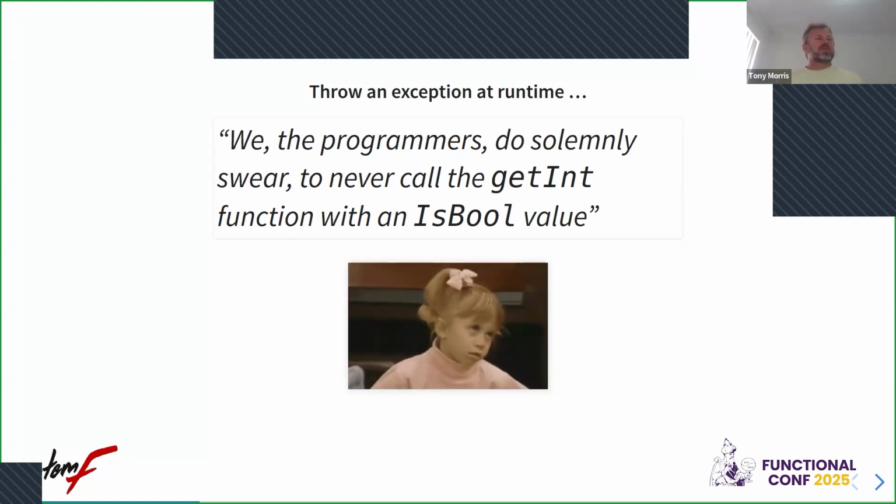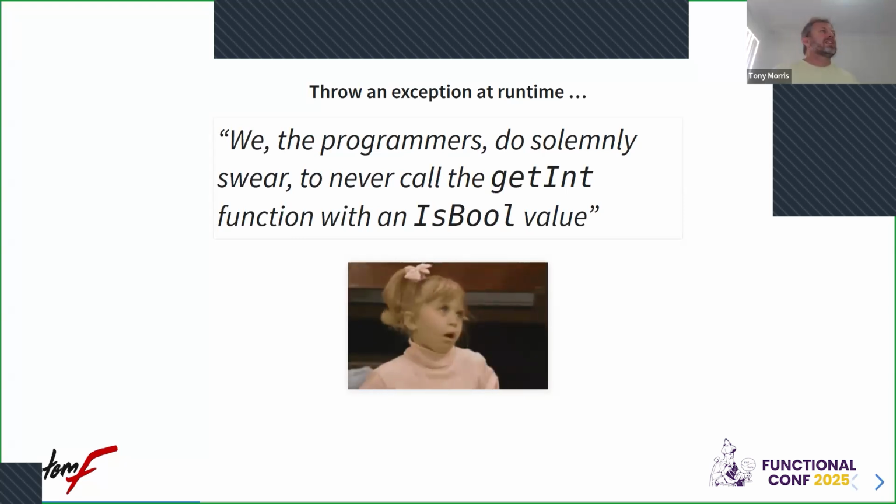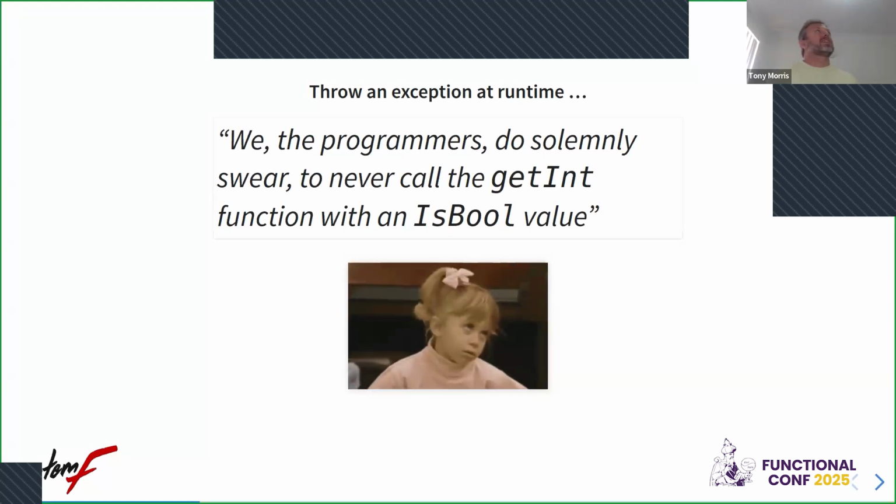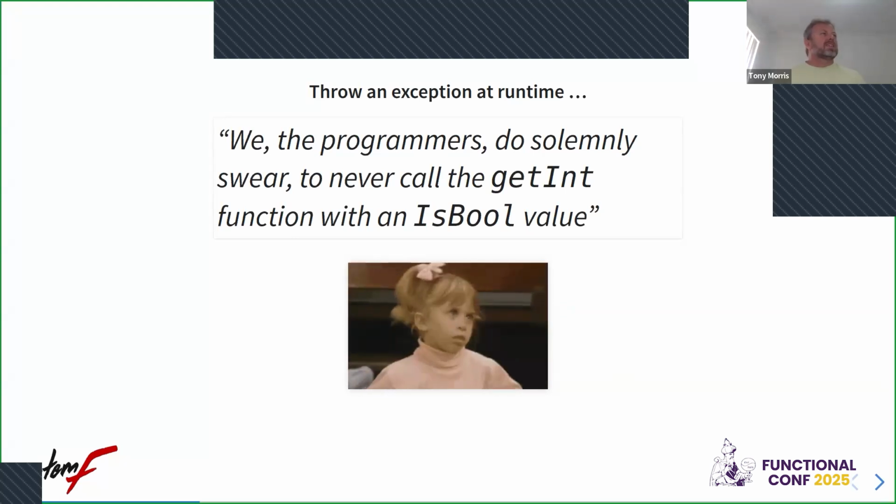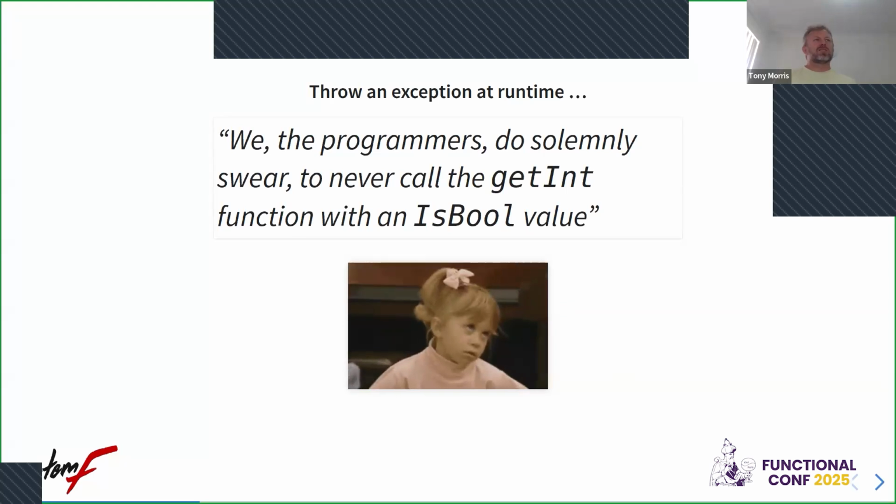Now, you may not be as cynical as I am, but the moment I hear that, I am now certain that that's going to occur. That exception will be thrown. It's almost a 100% indicator, in my experience. So a false promise, from my perspective, does not guard against this problem. Convincing ourselves that we're not going to do this is the thing that makes us do it, in my experience.